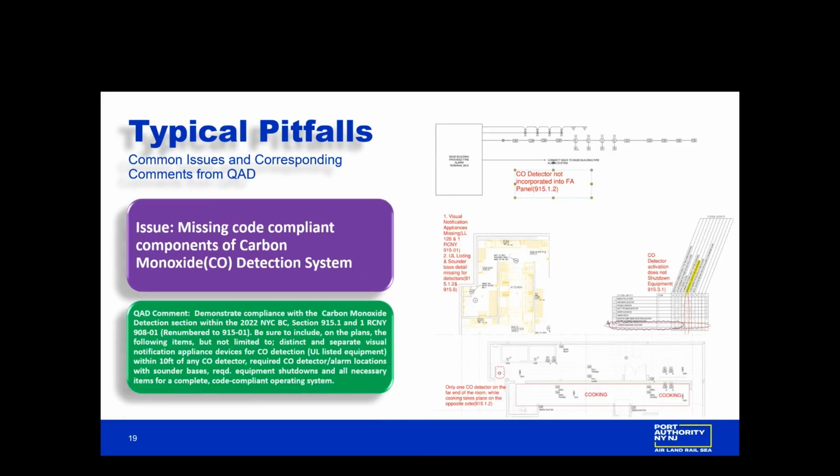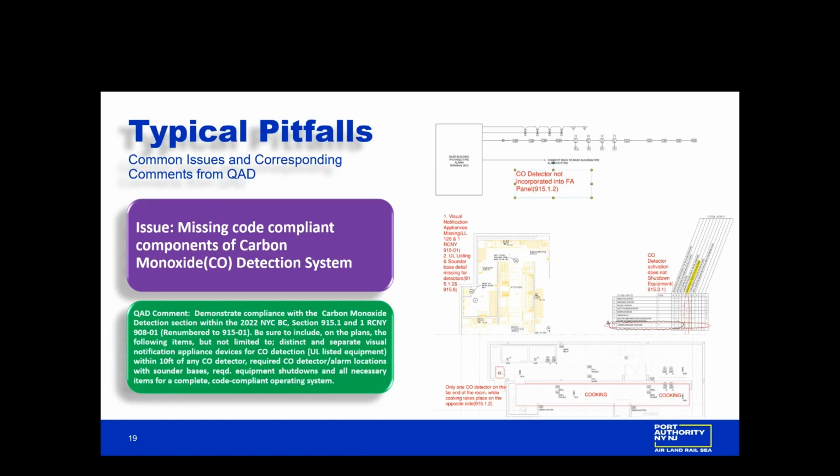Another one, missing code compliant components of carbon monoxide detection systems. Carbon monoxide has been cited more frequently recently. It has become a hot topic, and we are aware of it, and we are looking for that to be addressed in the design.